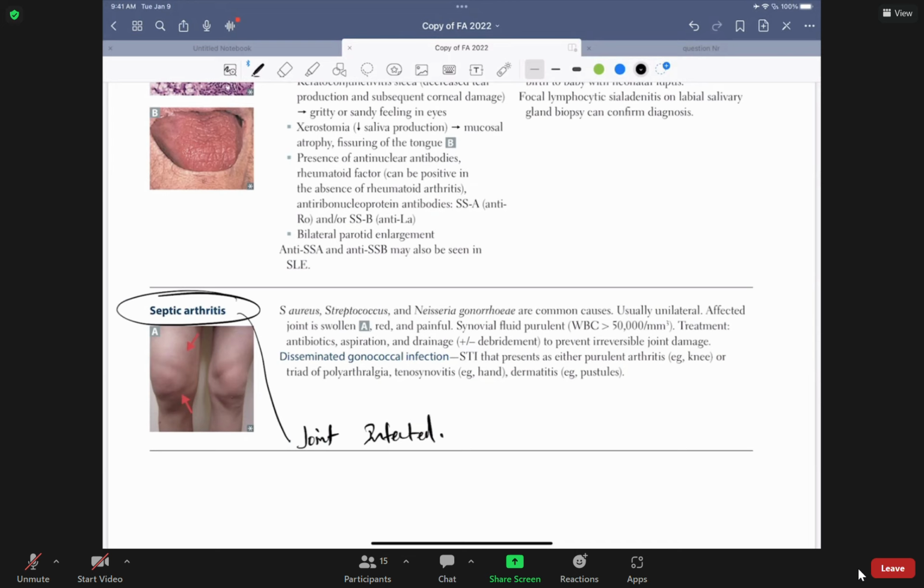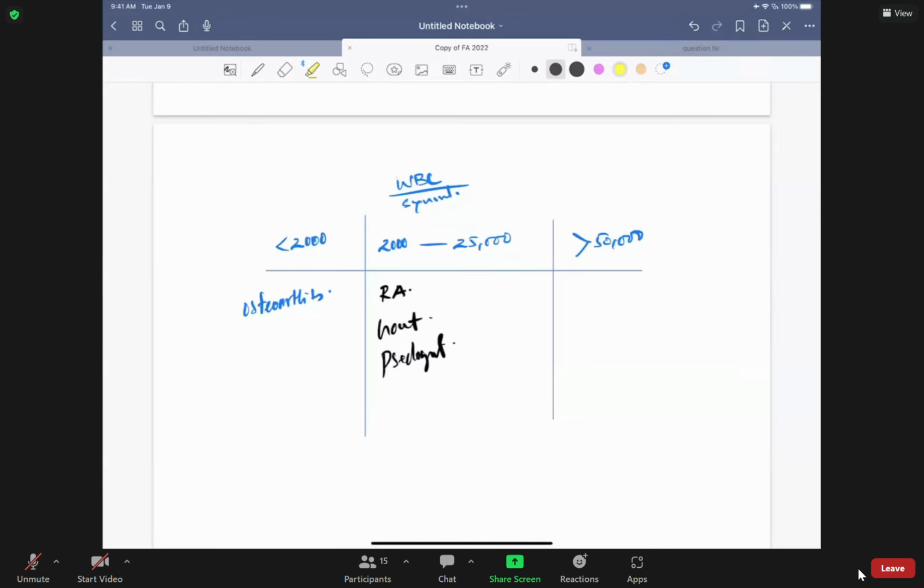The minute your joint is infected, all the WBCs want to come in there. Look at the synovial fluid, more than 50,000. So here, the one and only disease we want to talk about is septic arthritis. So when you are doing a question, your eye should scan that synovial cell count, and if it is more than 50,000, you jump to septic arthritis, folks. Okay, that is the only disease.